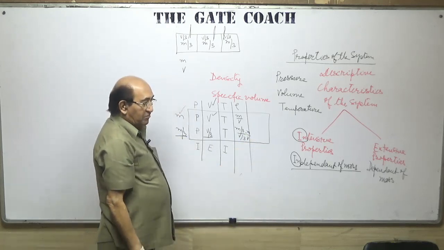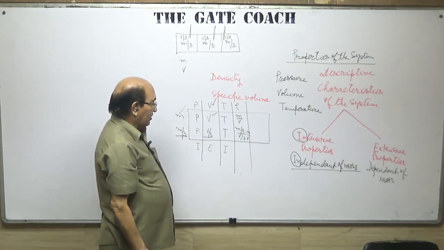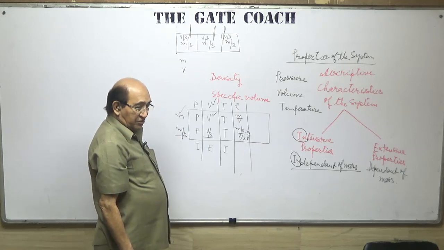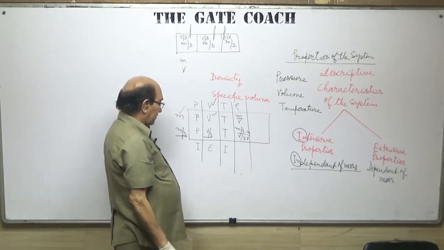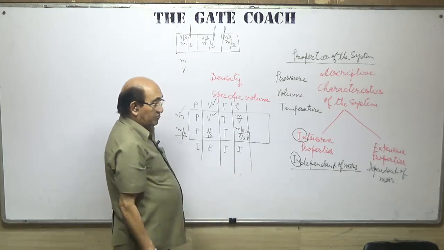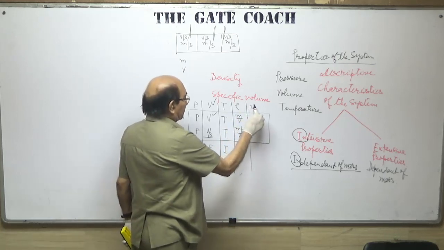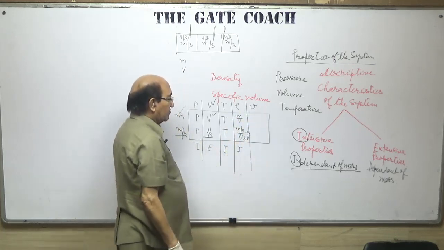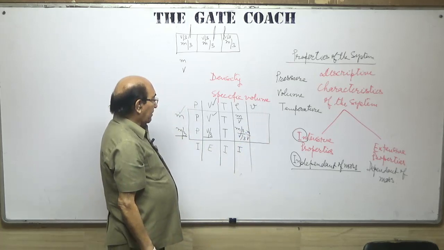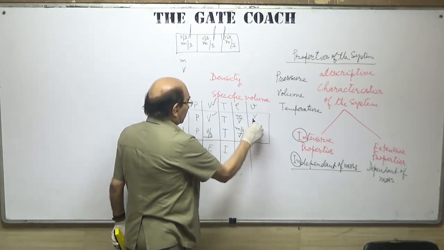So, density becomes independent of mass, because when mass changes by the same proportion, the volume also changes, and thus it is an intensive property. And lastly, specific volume. Specific volume is volume per unit mass.